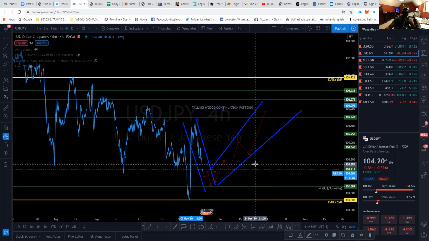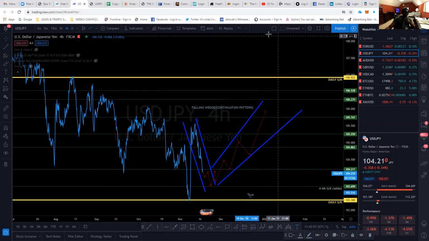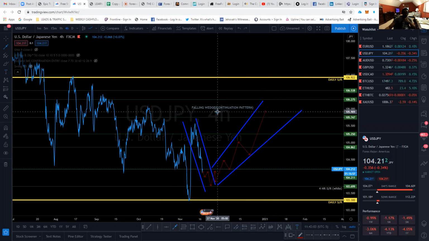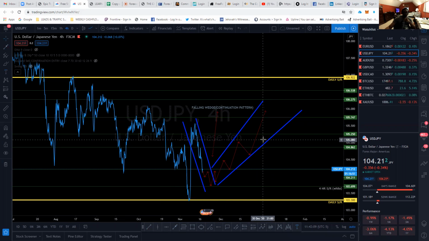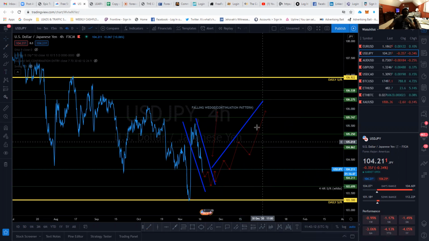So now that we know that, what I'm going to do is save my progress. I'm going to draw an arrow, continuation pattern. I'm just going to draw a line here that lets me know it's a continuation pattern. Now I'm going to erase these. Actually, I'm not going to do that yet.